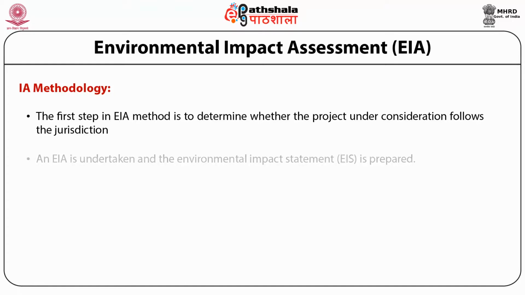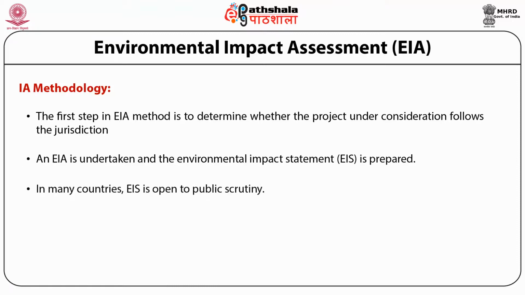If so, an EIA is undertaken and the environmental impact statement is prepared. In many countries, the environmental impact statement is open to public scrutiny and is reviewed at a public hearing. Finally, a political decision is taken. The development project may be accepted, accepted with amendments, or an alternative proposal is accepted, or it is rejected.